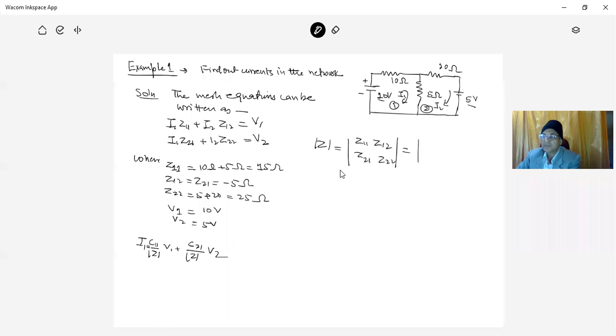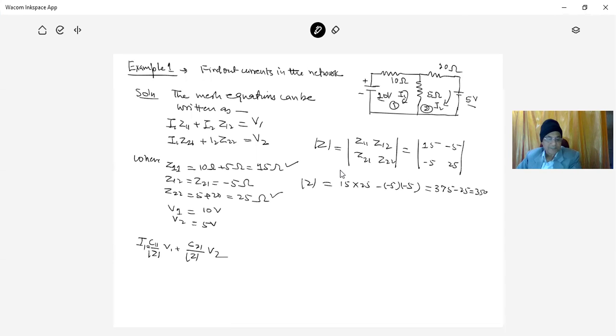Its values are Z11 is 15, Z12 is minus 5, Z21 is minus 5, and Z22 is 25. So the mod value of this determinant is 15 into 25 minus 5 into 5, that is 375 minus 25, that is 350. Mod Z value is 350.